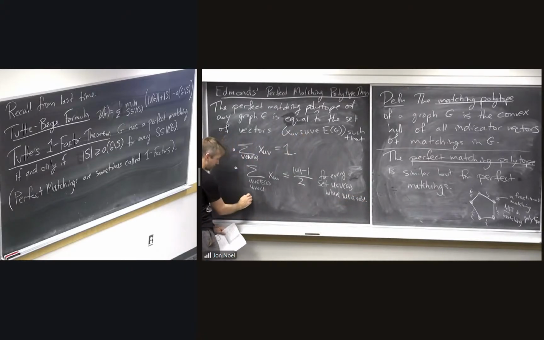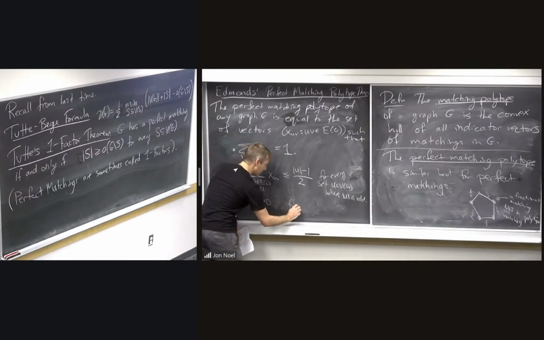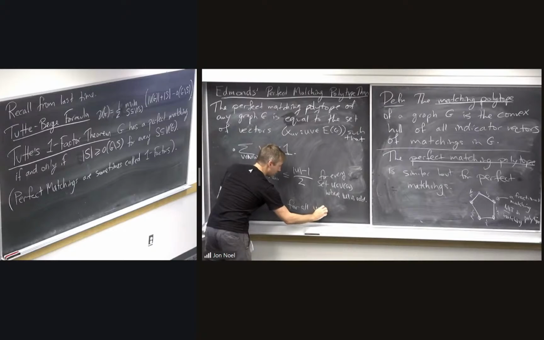And then the third constraint is a trivial one, just that all of the entries have to be non-negative.